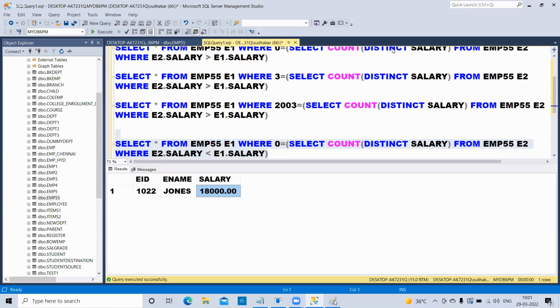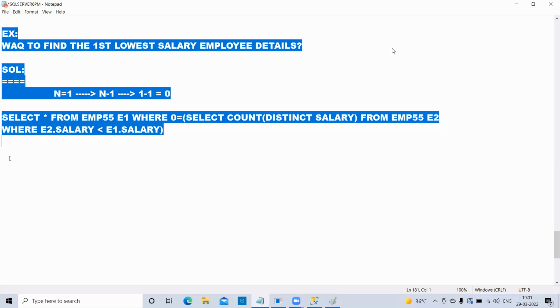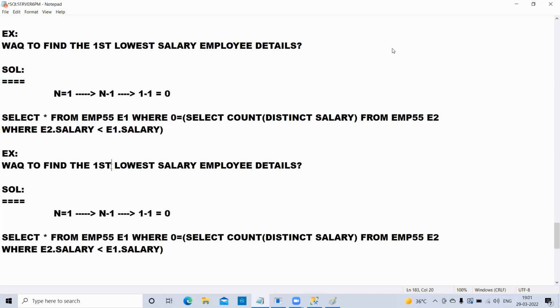Suppose in this same example I want the third lowest salary employee. So here n is equal to 3, and your formula is 3 minus 1, which equals 2. Here you just have to change it to 2.